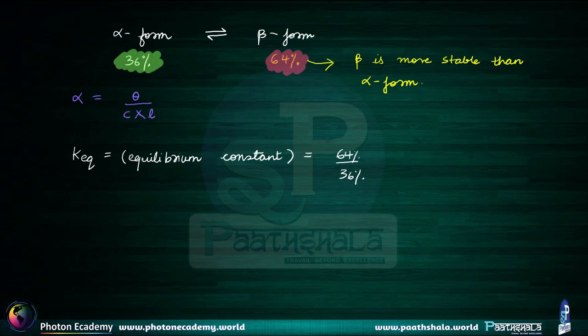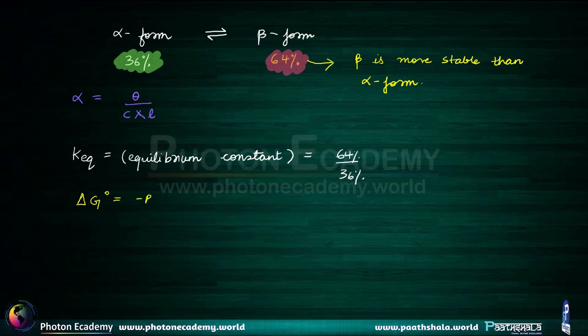From K equilibrium we can also find the value of delta G naught, which is nothing but minus RT ln of the equilibrium constant. So we get a number of values from knowing these alpha and beta form percentages.